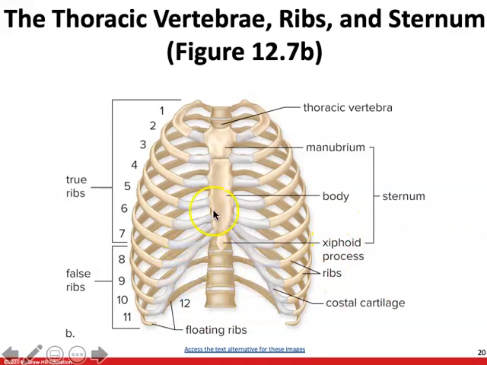So that diaphragm that's going to be found right up here, that's going to separate the thoracic cavity from the abdominal cavity. So the lungs would be found above, superior to the xiphoid process, and our stomach and intestines will be found beneath that.